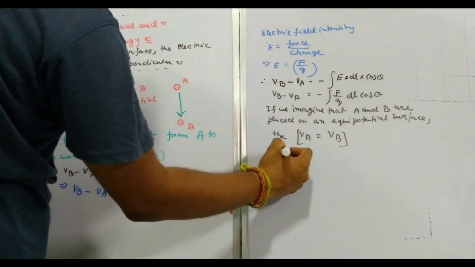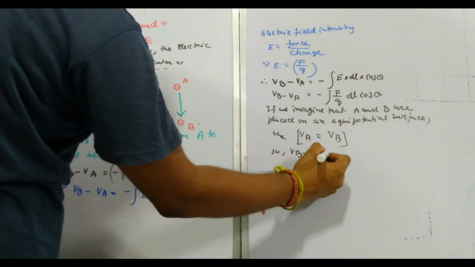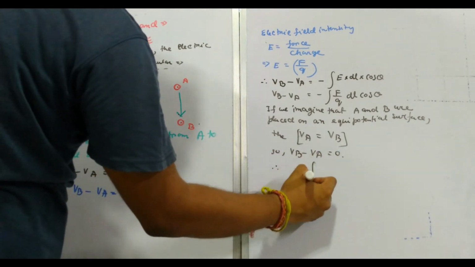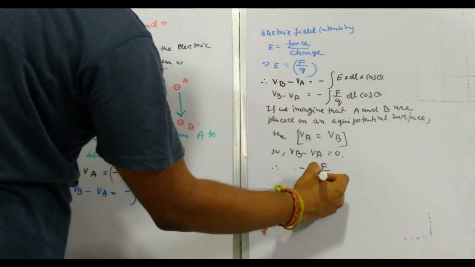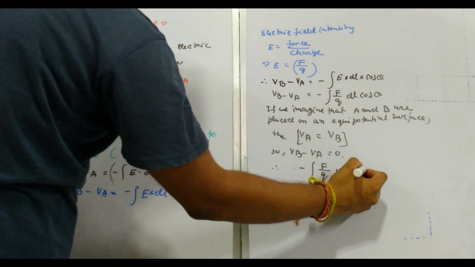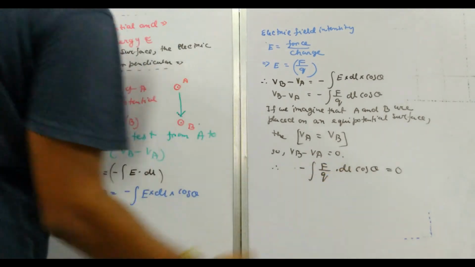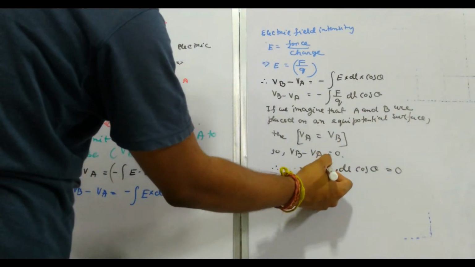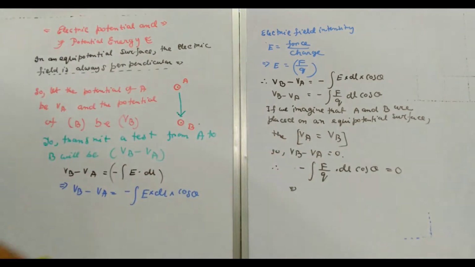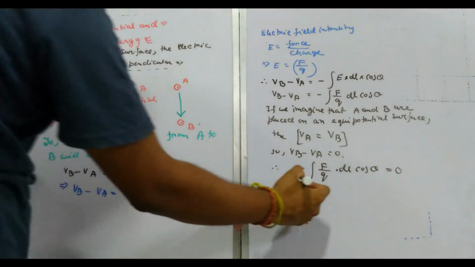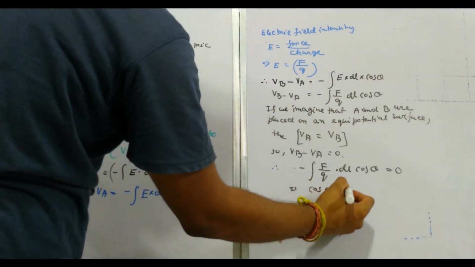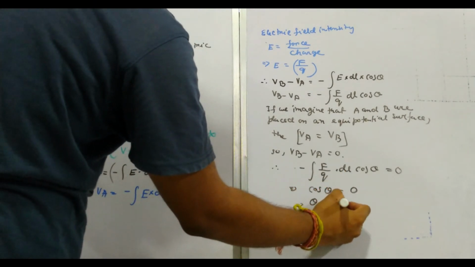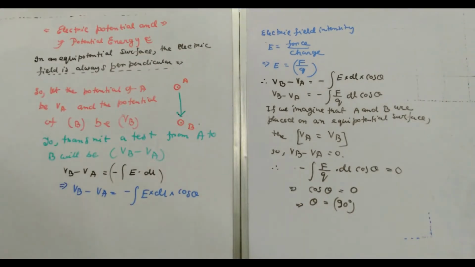So we can write VB minus VA as 0. So finally this will be minus of F by Q into dl into cos of theta, that must be 0. So as force or the displacement or the charge Q cannot be 0, so cos theta is going to be 0, and we know cos theta equal to 0, that means theta equal to 90 degrees.